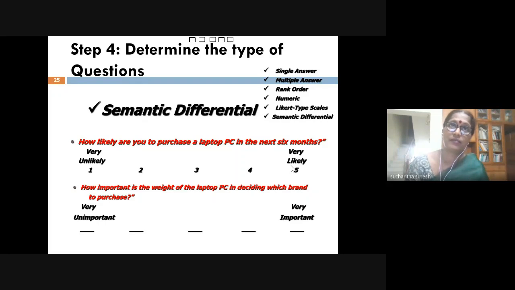rating scale. Now, suppose you are asking me to rank the following people: Nagaraj, Ram, Lakshman. Three people are there. Now I have to rank them. Whether Nagaraj I have to rank one, or Lakshman I have to rank one.